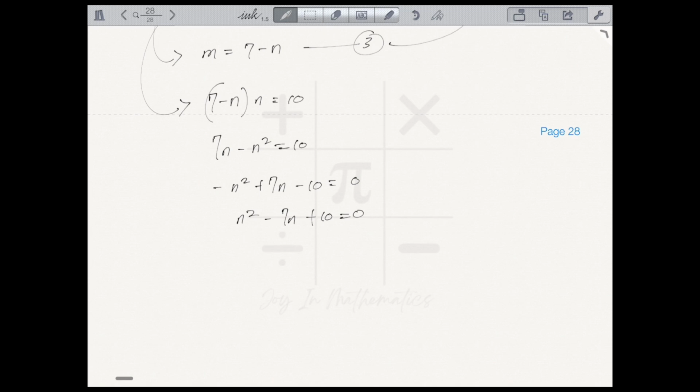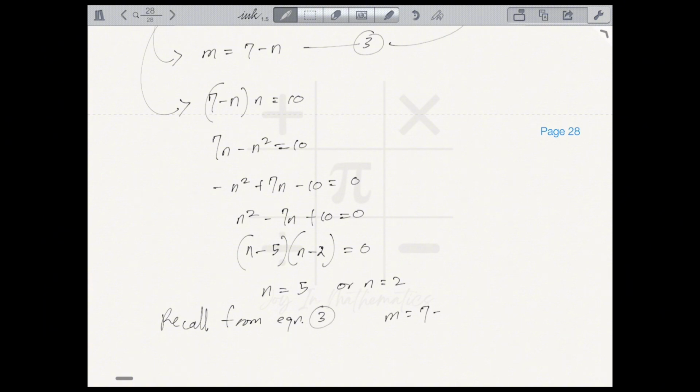Now if we solve this quadratic equation by factorization, we have n minus 5 into n minus 2 is equal to 0. So we are saying n can be equal to 5 or n is equal to 2. Now if n is equal to 5 and n is equal to 2, then we recall again from equation 3 that m is equal to 7 minus n.